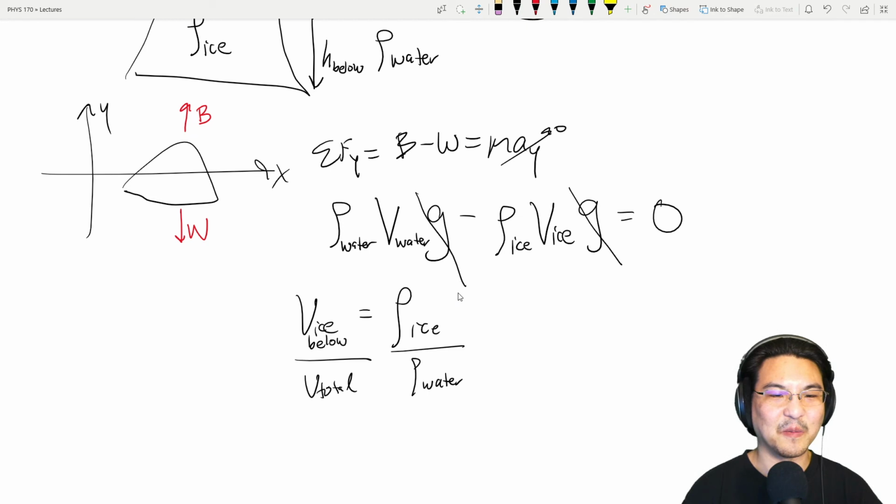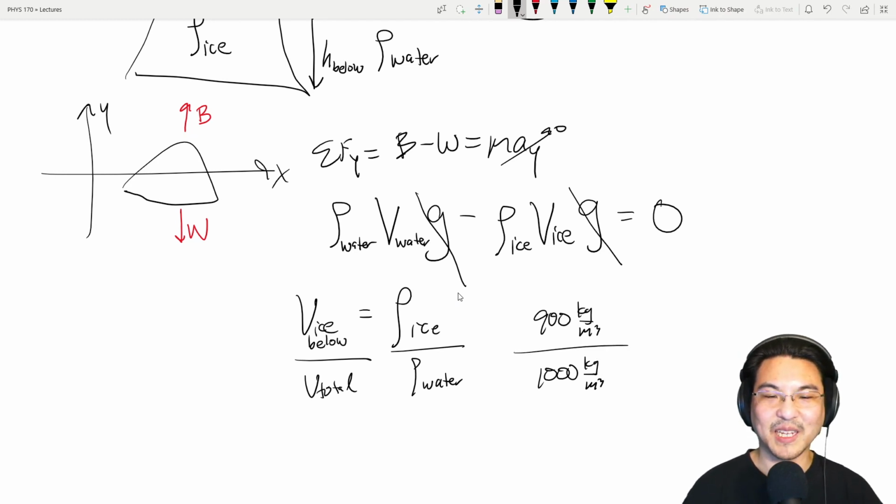Then look at what just happened here. If we know the density of the ice, I'll just make up a number, like 900, and density of water, 1,000. I just made these numbers up. I mean, it's close, but then that's about 90%.